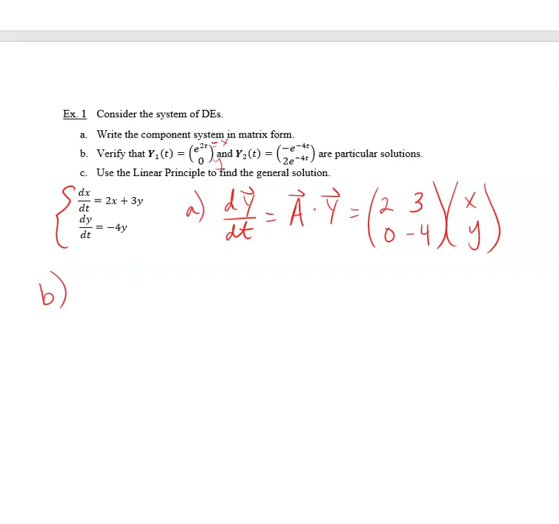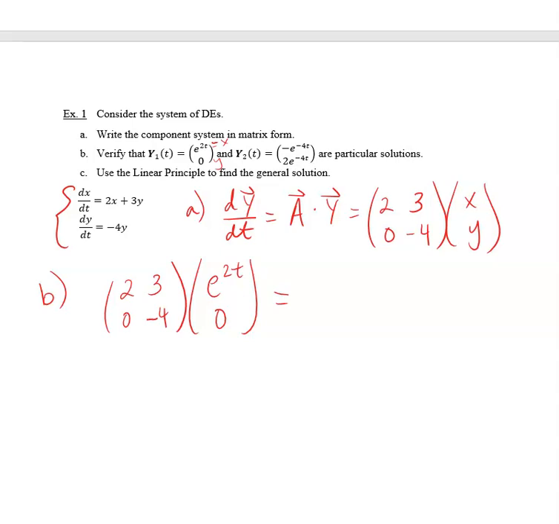Let me write the matrix version here. I've got 2, 3, 0, -4, and I'm going to substitute in the x coordinate, e^(2t), and then the y coordinate, 0. And the idea is that that should equal dy/dt. In other words, that should equal the derivative of the entire expression.